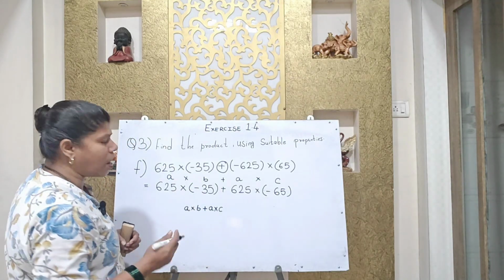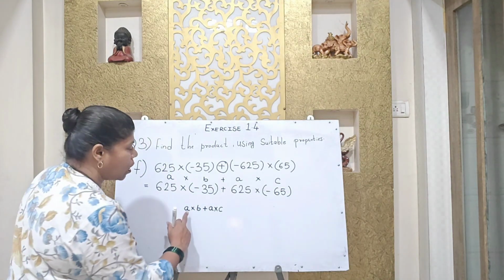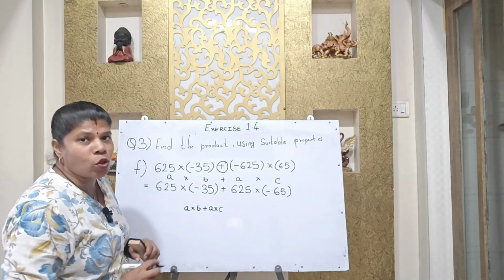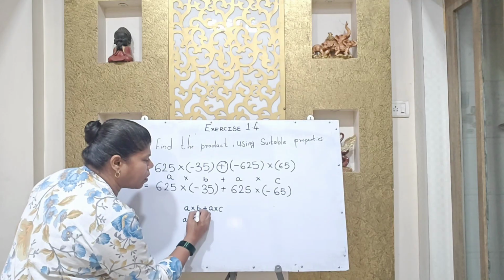In this equation, I've taken A as common from both expressions. A दोनों expression में है तो हमने A को common निकाल दिया. A को common निकालने के बाद ब्रैकेट में क्या बचा?